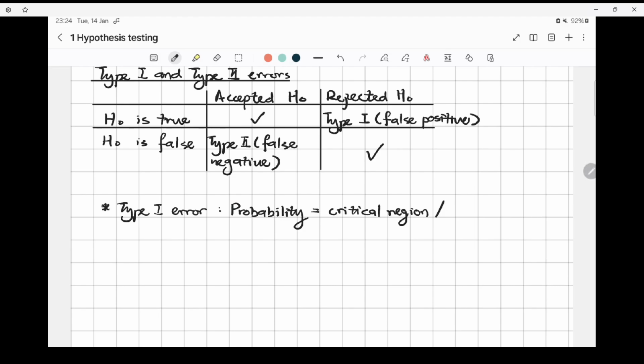If you are doing continuous random variables, then usually the probability of performing type 1 errors will be your significance level.